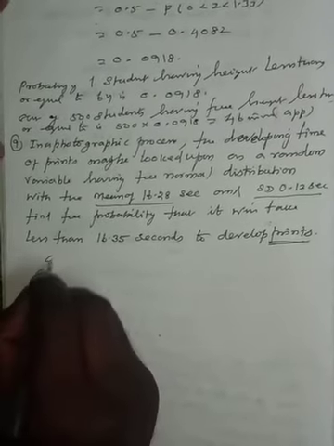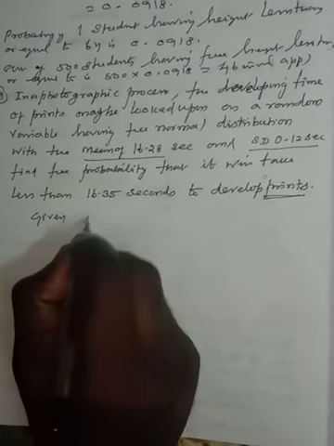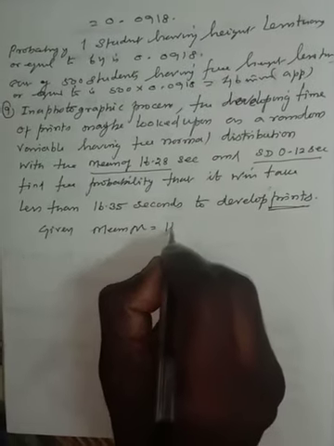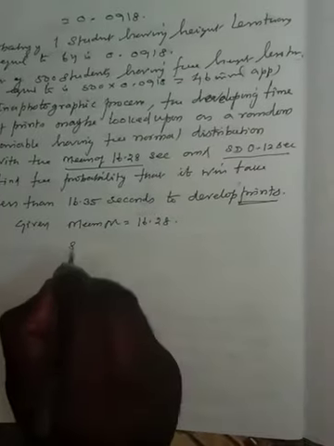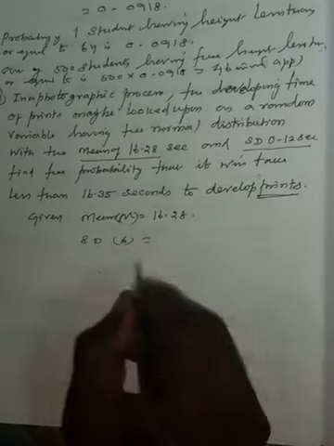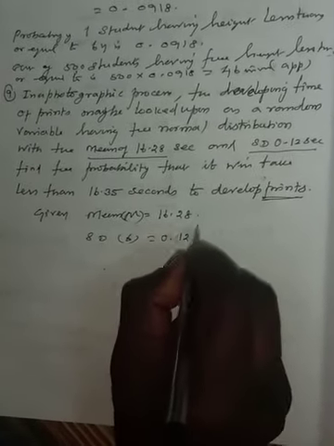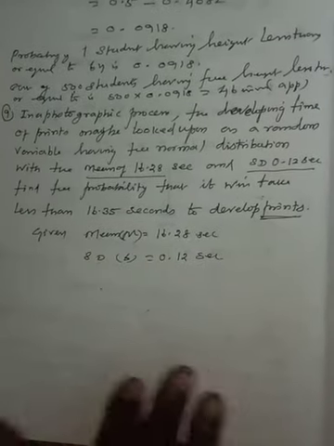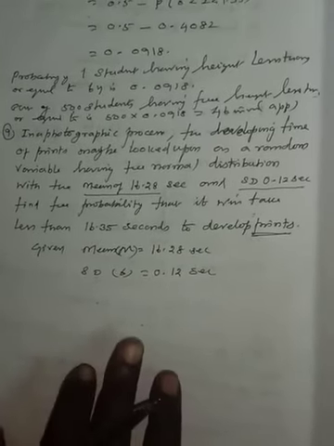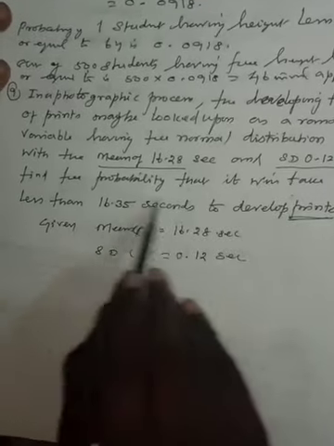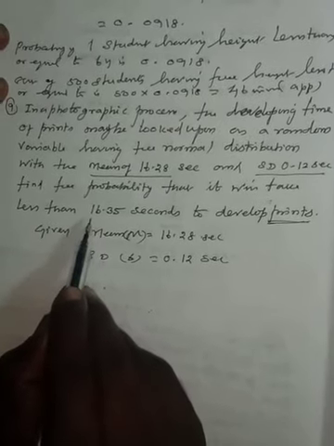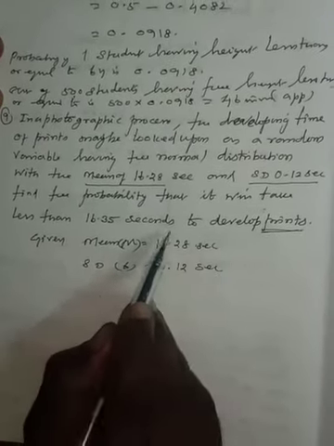The mean mu is equal to 16.28, and the standard deviation sigma is equal to 0.12 seconds.